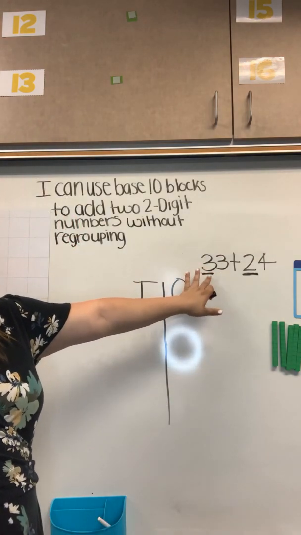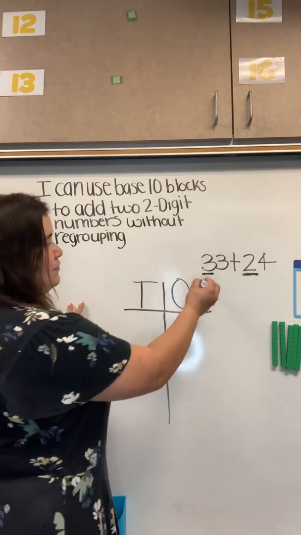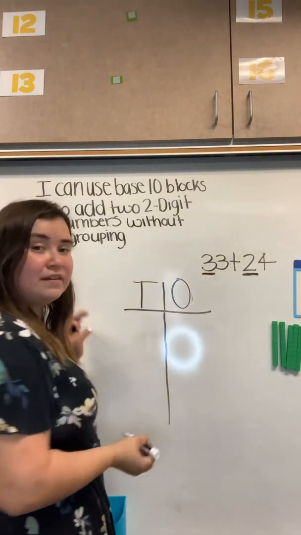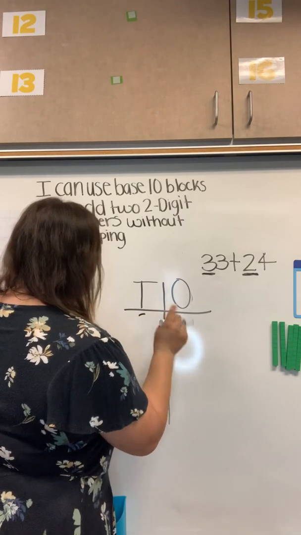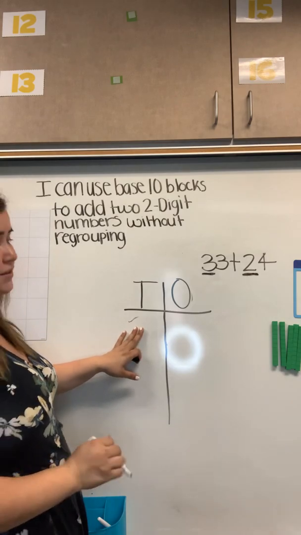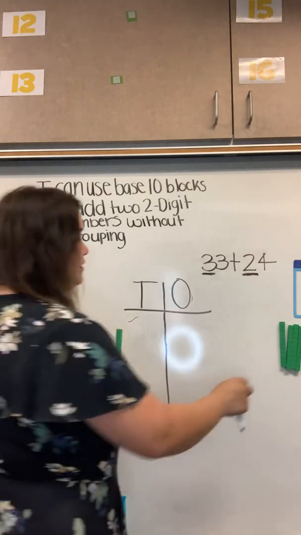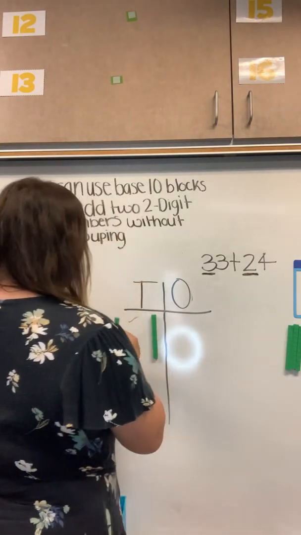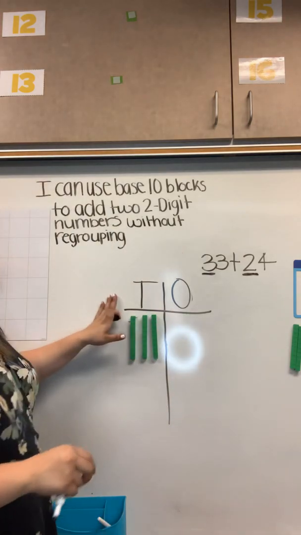How many tens are in the number 33? 3, good job. Instead of writing the number 3 in our tens place, we're going to get 3 tens rods and place them under the T for tens.